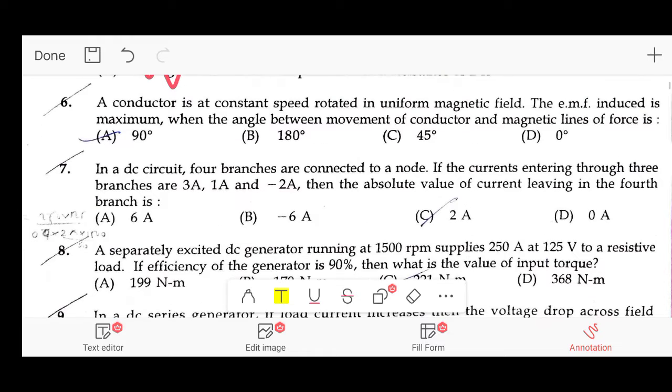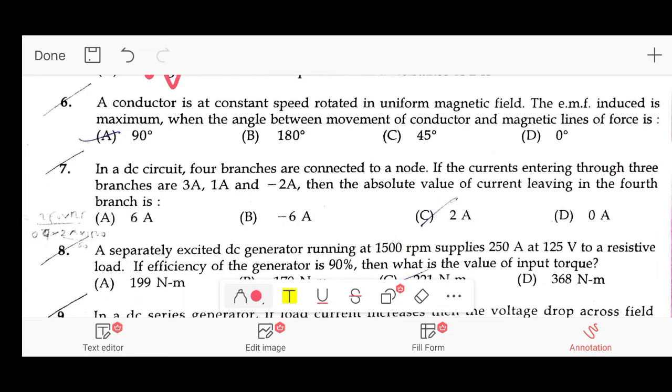Next question. A conductor is rotating at constant speed in a uniform magnetic field. The EMF induced is maximum when the angle between the movement of the conductor and the magnetic lines of force is.